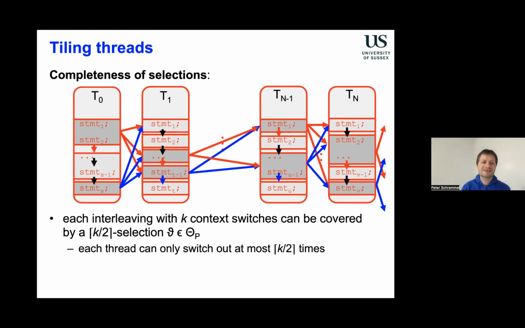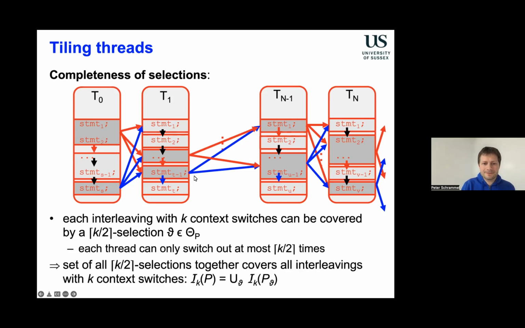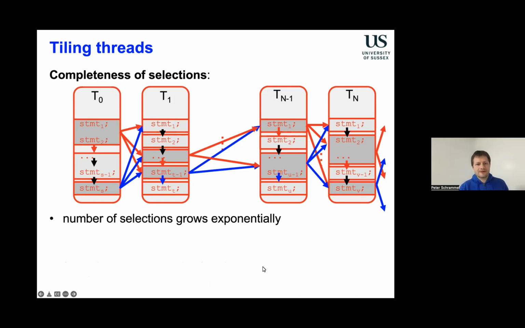So we don't have to select more than k over 2 tiles. This gives us an upper bound on the number of tiles that we have to select in each thread. And if we select k over 2 tiles, then we can cover all the interleavings of the original program.